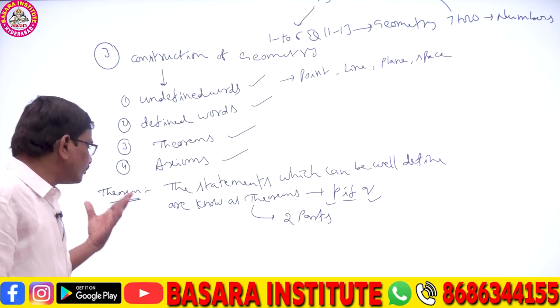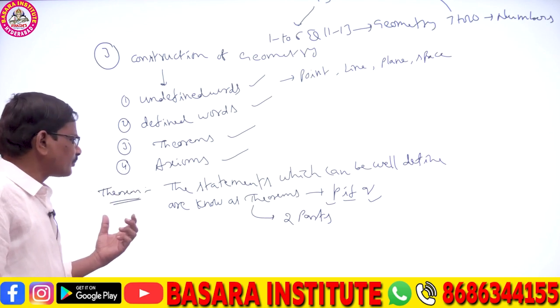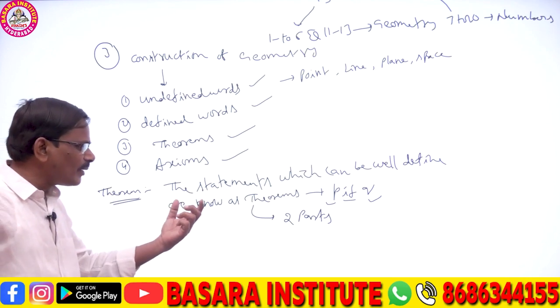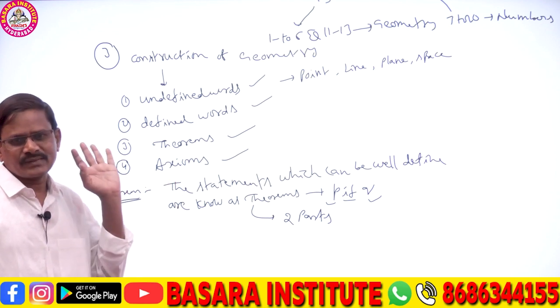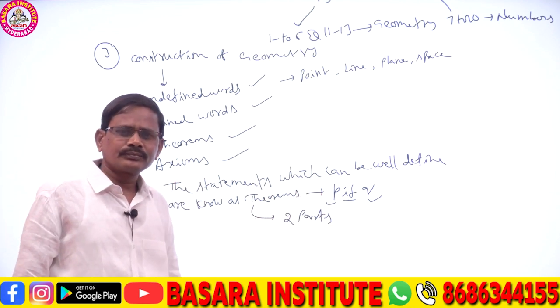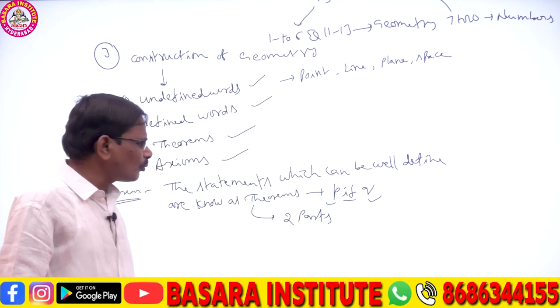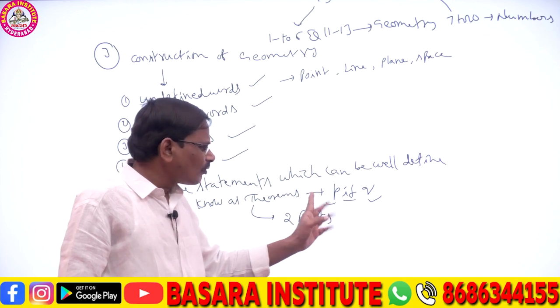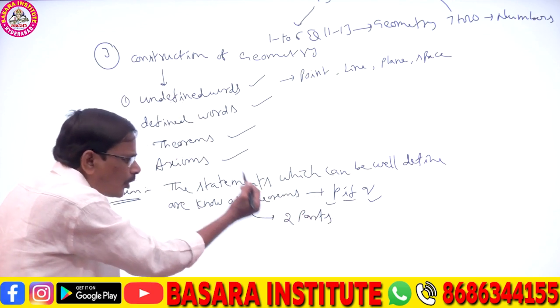What is meant by theorem? The statements which can be well defined are known as theorems. Now every theorem is of the form P if Q. Hence every theorem has two parts. What are the two parts? Before if, after if.